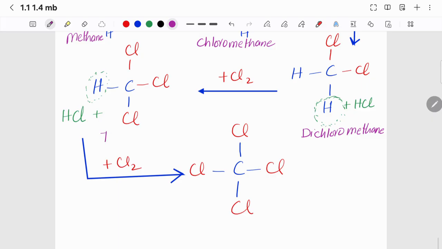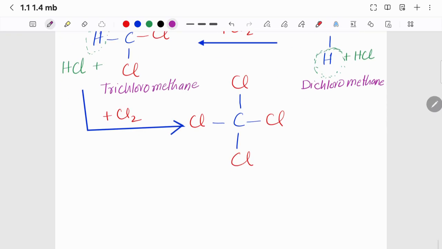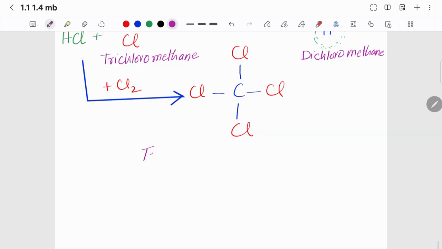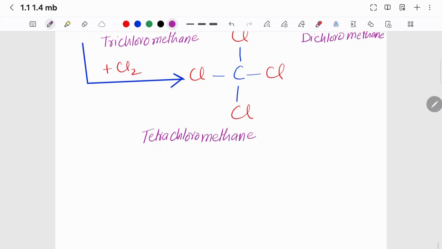Here we have 3 chlorine atoms, so that would be trichloromethane, and the name for the last one would be tetrachloromethane because it has 4 chlorine atoms attached with it.